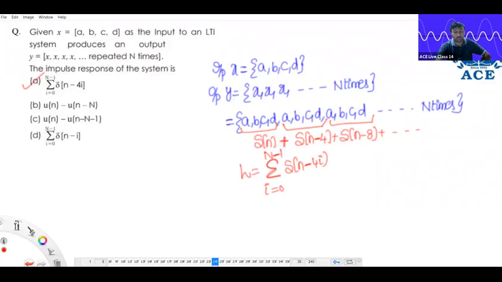Output is periodic repetition of input means the system is a periodic impulse train. By looking at that question only, you should get the idea, because 100% the system is a periodic impulse train.